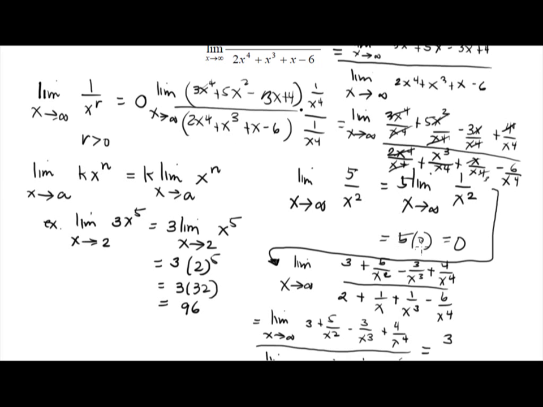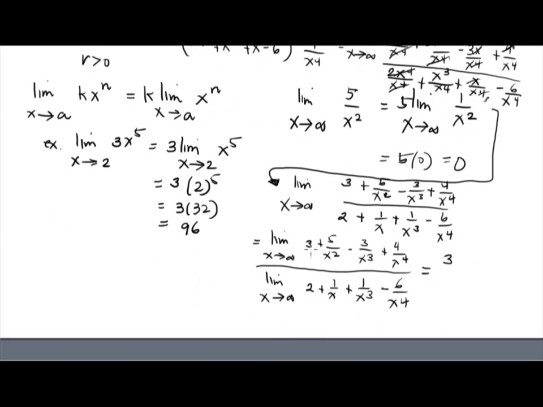So this became 5 times 0, which is equal to 0. In the same way, limit as x approaches infinity of 3 over x cubed will become 3 times the limit of 1 over x cubed, which is also 3 times 0, or simply 0. 4 over x to the fourth will be 4 times the limit of 1 over x to the 4, which is just 0, so this is plus 0.